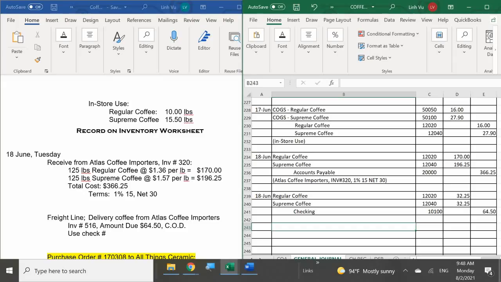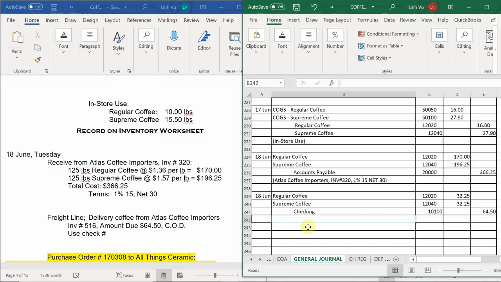Yes, good. So I have Freightline, right? That's the person I wrote the check out to. This was invoice number 516. You said COD.